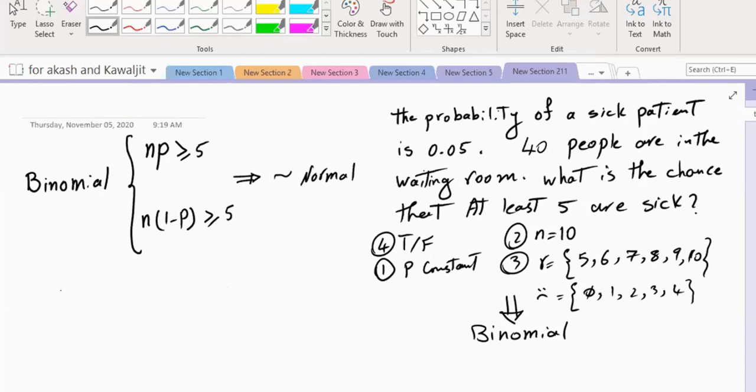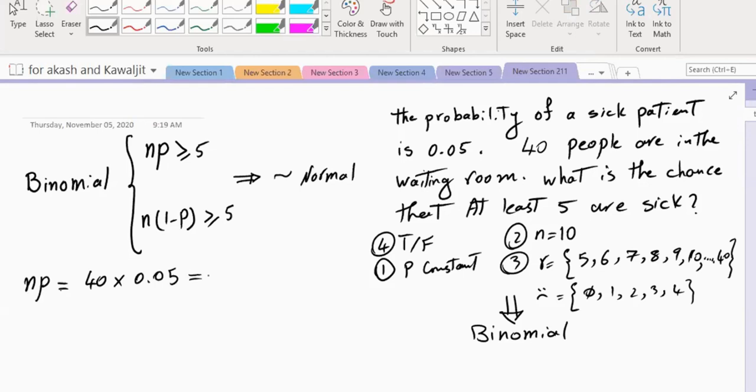So this set of things that we want goes up to 40, and the set of what we don't want is still 0, 1, 2, 3, 4. NP in this case is 40 multiplied by 0.05.